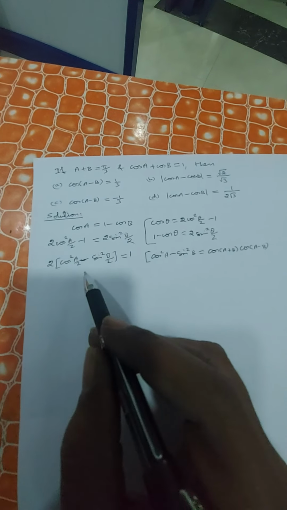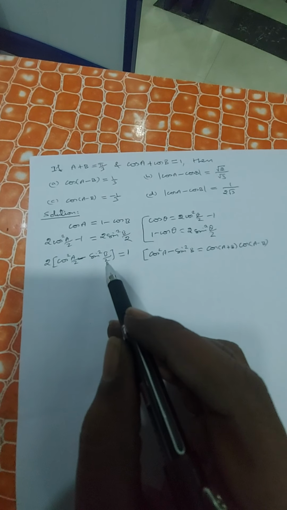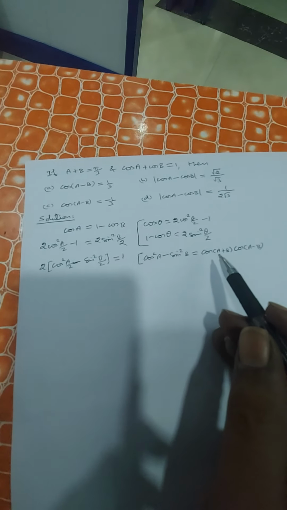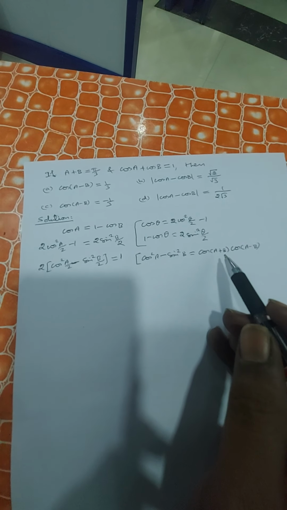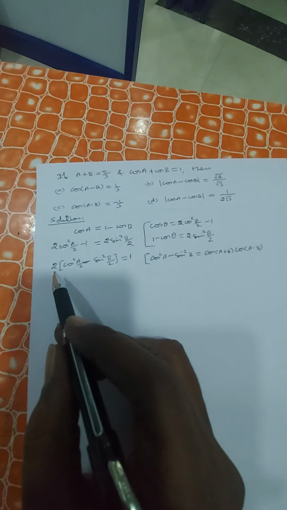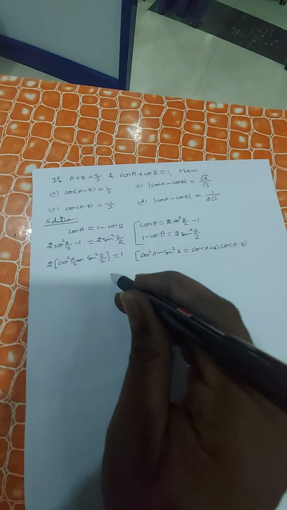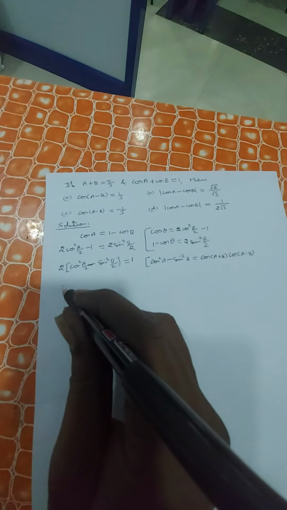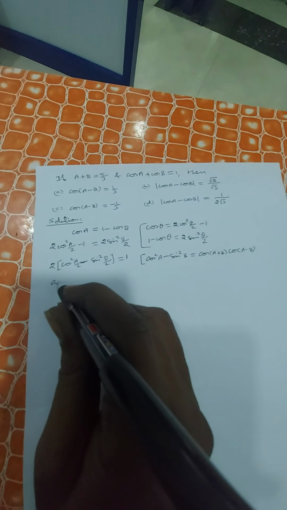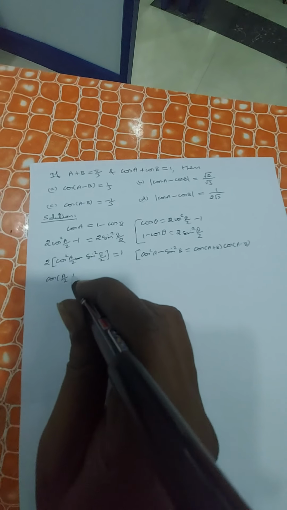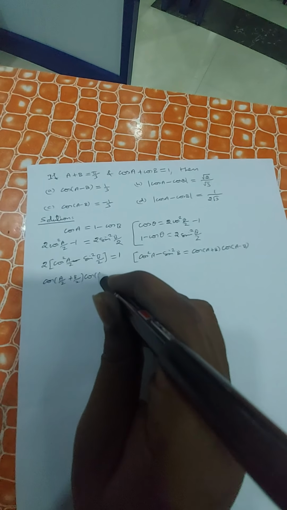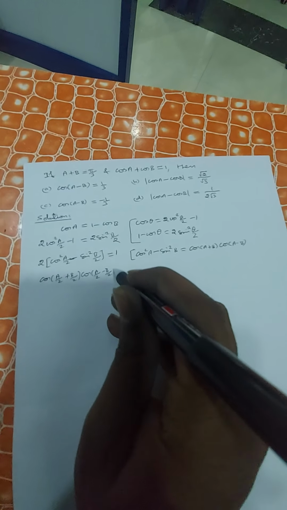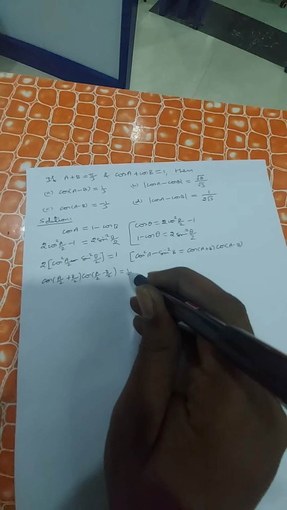Instead of a, a by 2 is there; instead of b, b by 2 is there. So a will be replaced by a by 2, b will be replaced by b by 2. We can bring this 2 to the right side, so the right side will be 1 by 2. On the left side, cos a by 2 plus b by 2 into cos a by 2 minus b by 2 equal to 1 by 2.